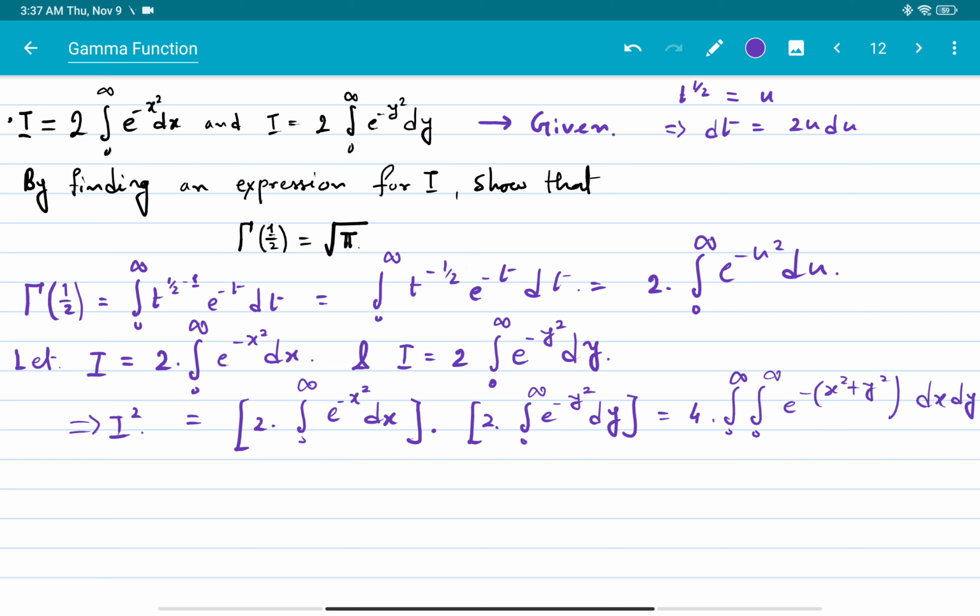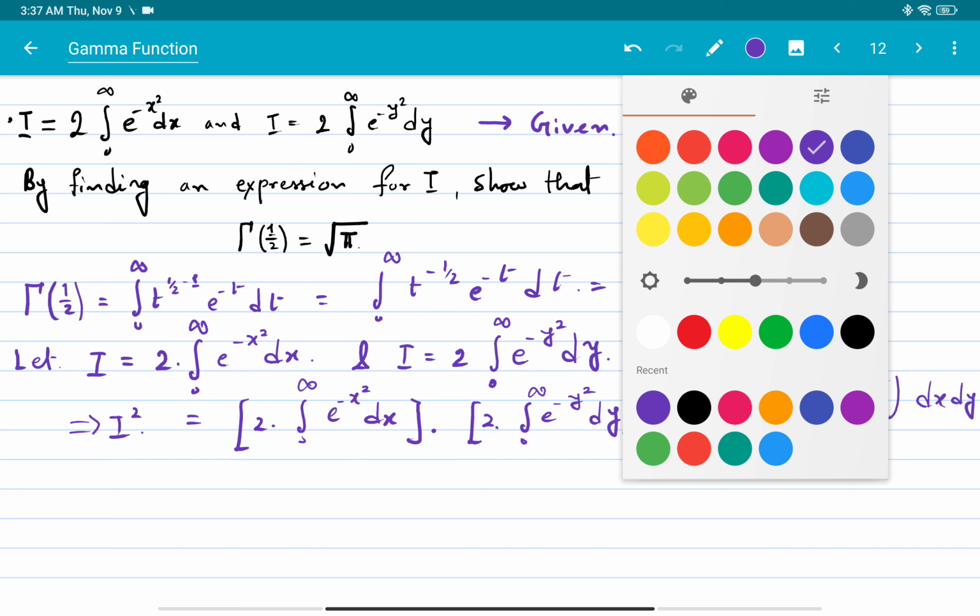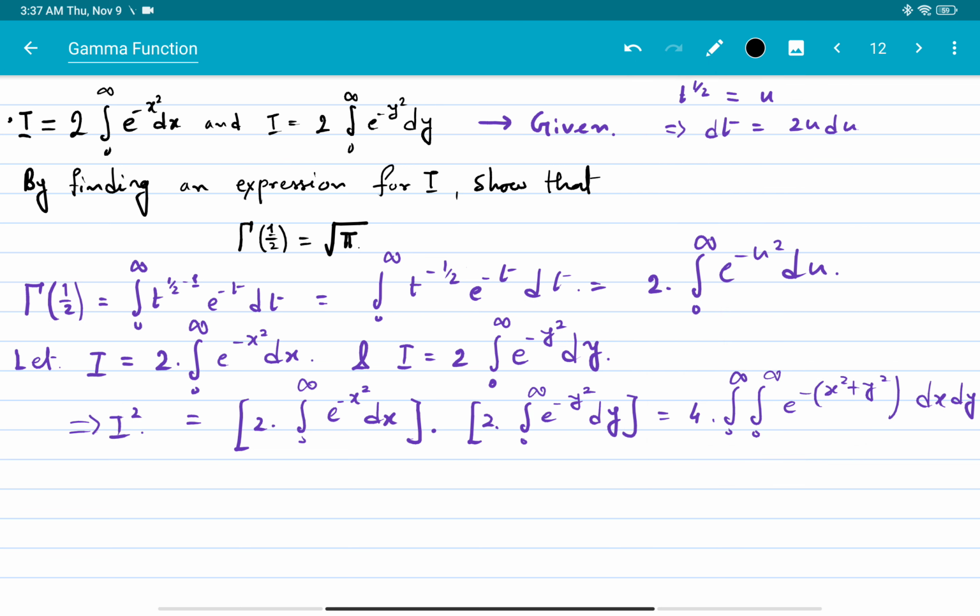Now we'll change our coordinates from Cartesian into polar.